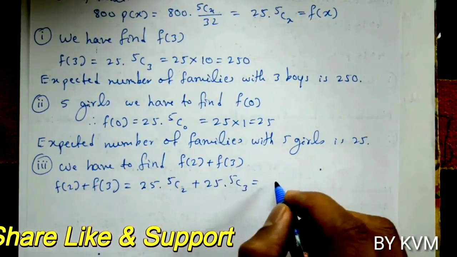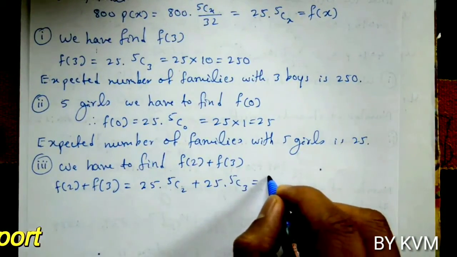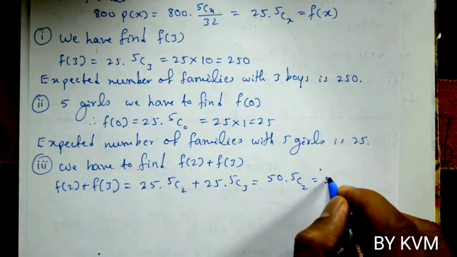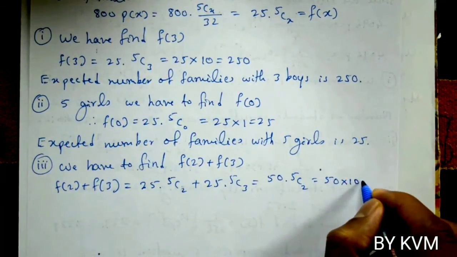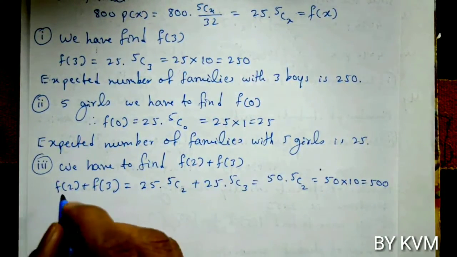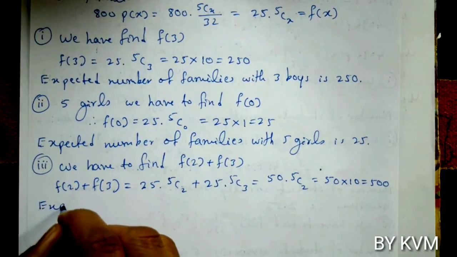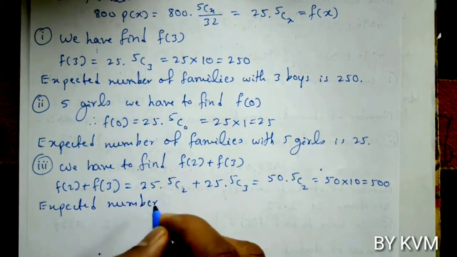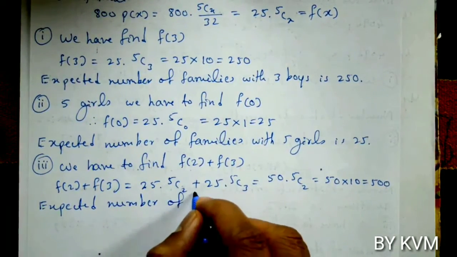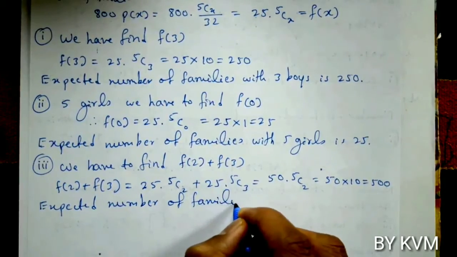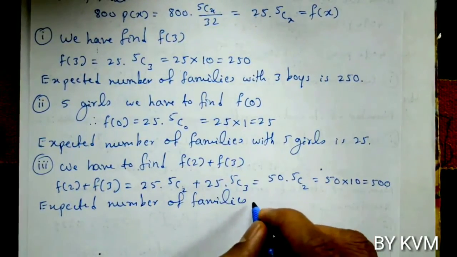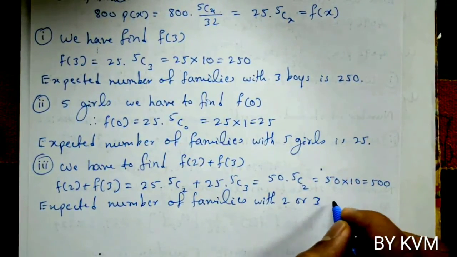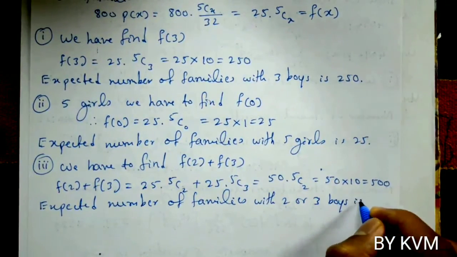So, use the calculator. 25 into 10 plus 25 into 10, that is 500. So, the expected number of families with 2 or 3 boys is 500.